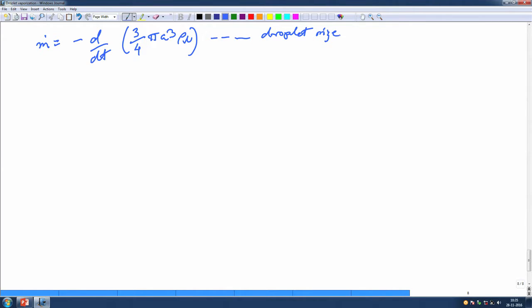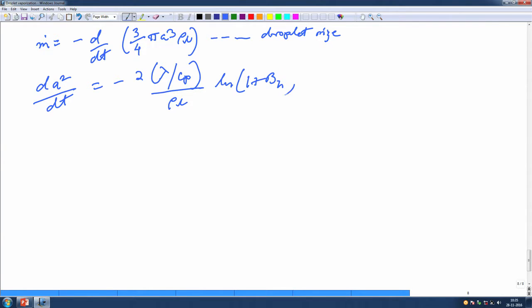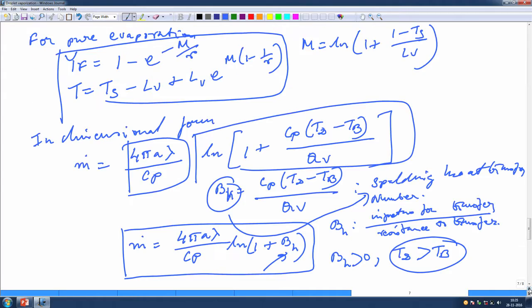Is that not so? It is given on the droplet size. Now, if you take dS square by dt, that will be given by 2 lambda by Cp by rho L into ln(1 plus BH), because this m dot is the same as the m dot that we established here.